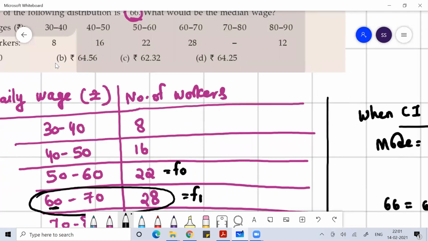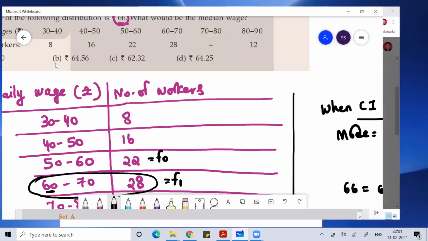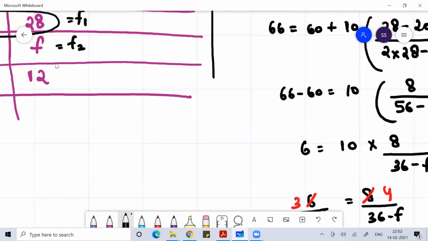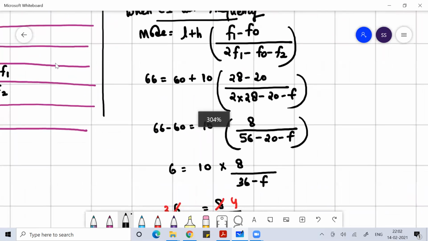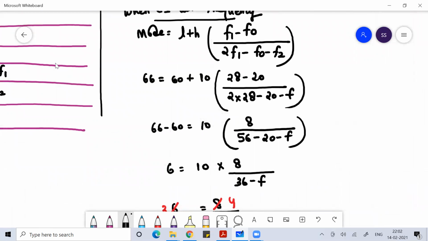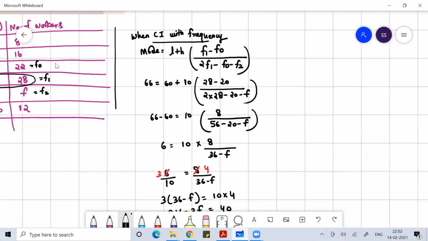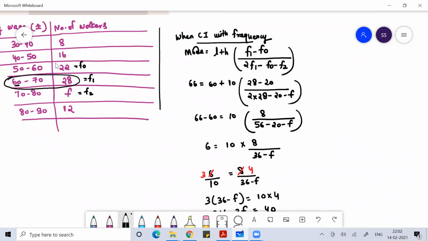You can just check, because I really don't expect that I'll get a decimal value. But anyway, let me reconfirm my calculation. So mode is equal to 6 by 10, height was 10, f1 minus f0, 22 minus, okay, this is 22, right?